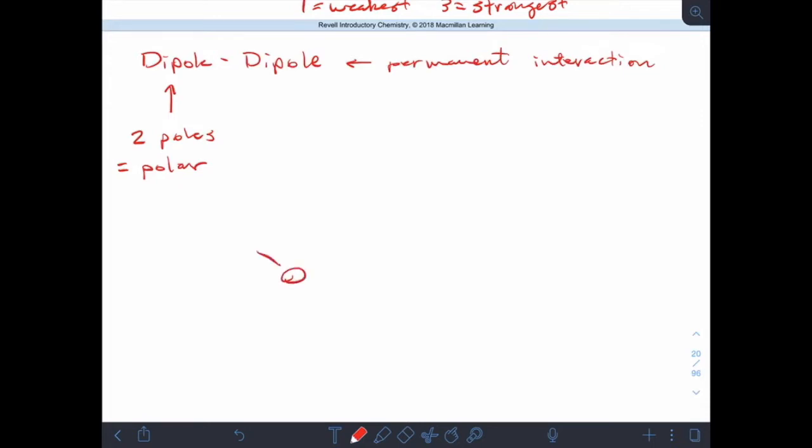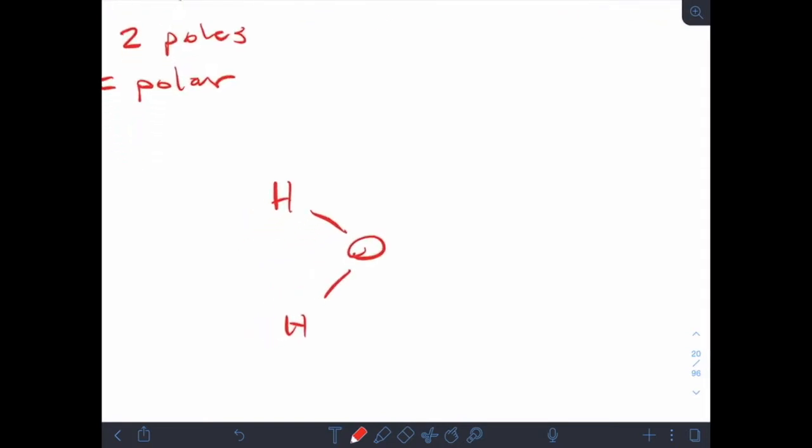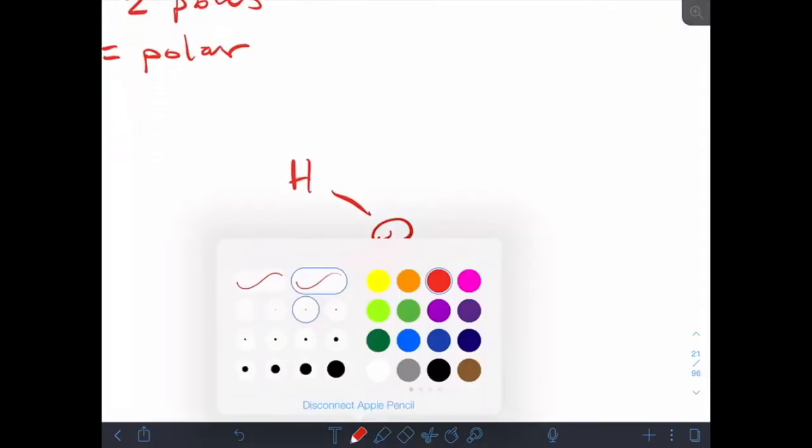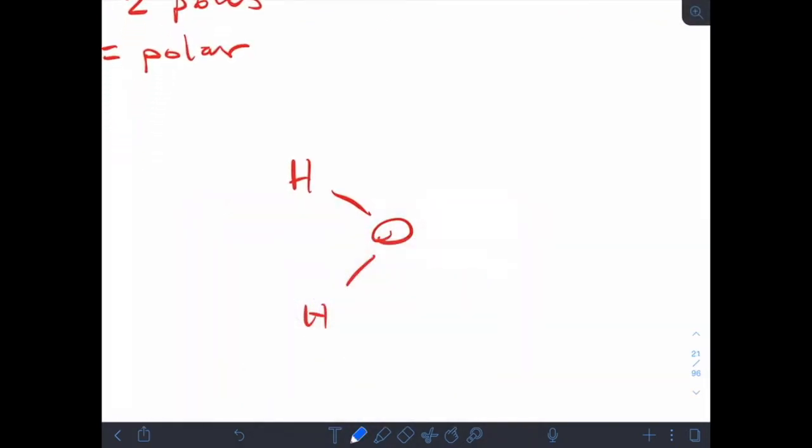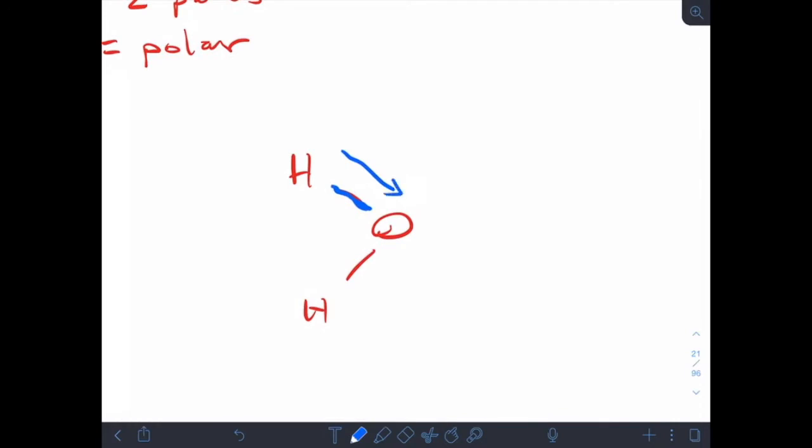So water, being the best molecule ever, gives us a very good example. So from our last chapter, we learned about how to tell polarity, right? And so if you decided whether or not water was a polar molecule, you would look at the hydrogen-oxygen bond, this one right here, and you would determine that oxygen is more electronegative.